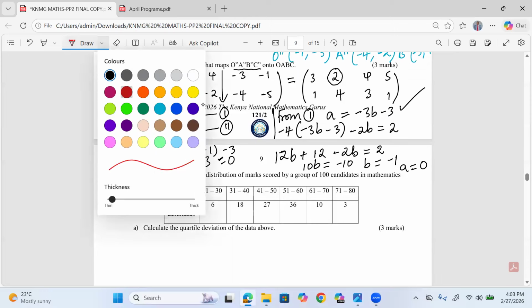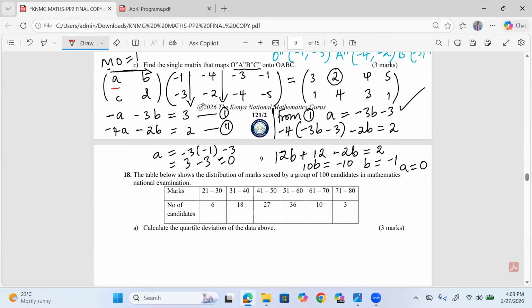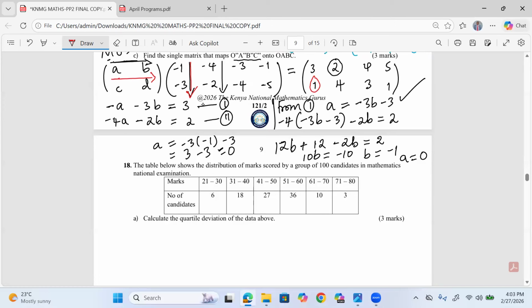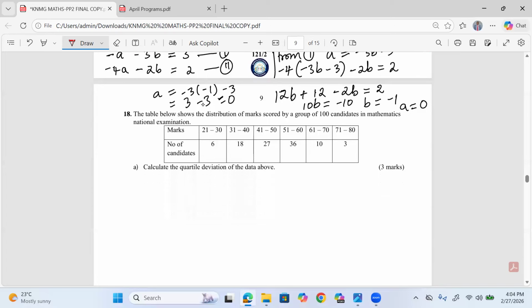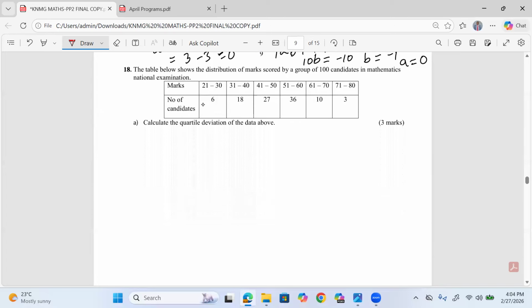So when we take this row now, CD, and we multiply by the first column, we should get the first element on the answer matrix on the Y, a positive 1. So C by negative 1 and D by negative 3. So negative C minus 3D, that's equal to 1. That's another equation.